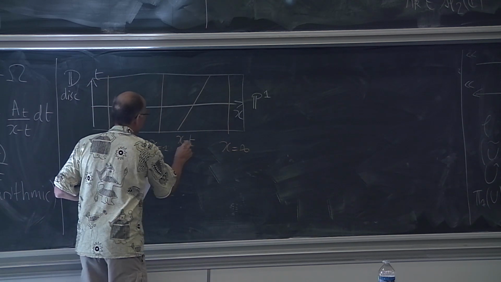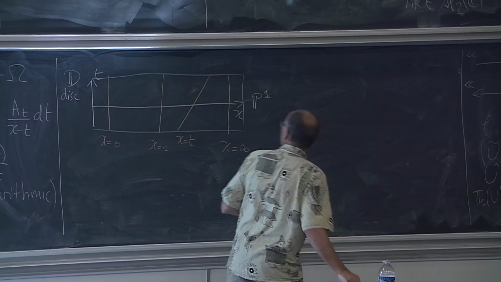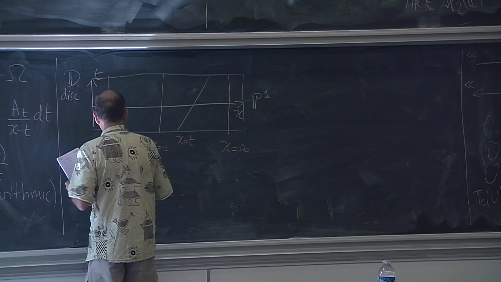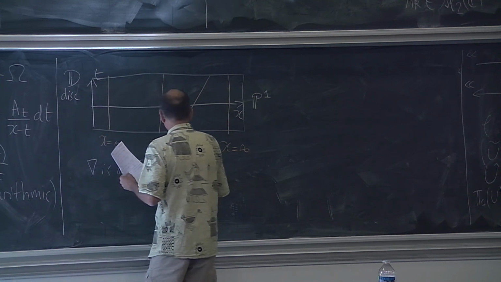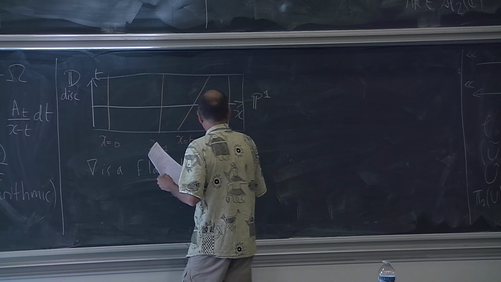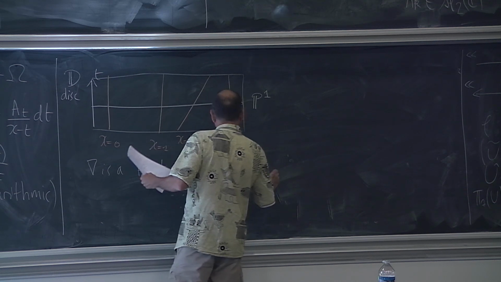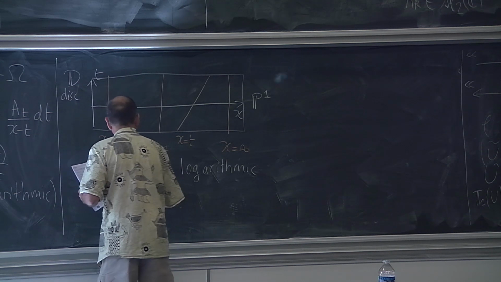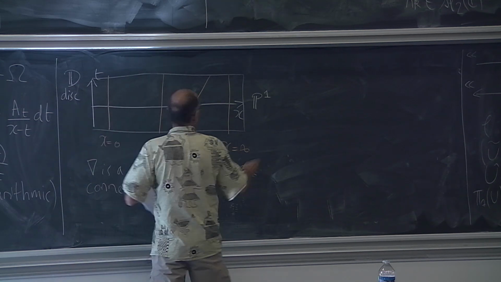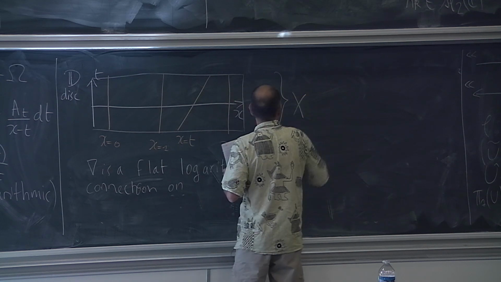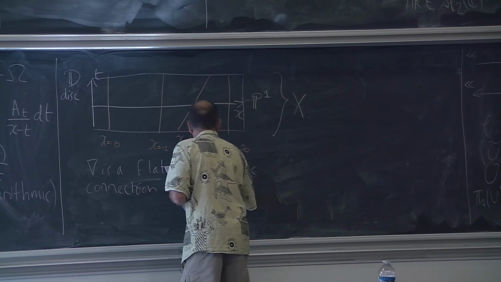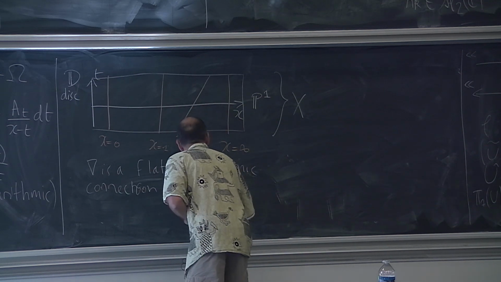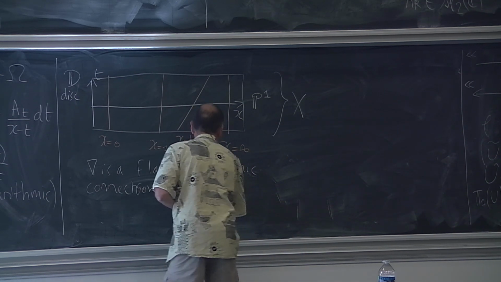And so nabla is a flat logarithmic connection on this product, with D a union of the four curves, okay?